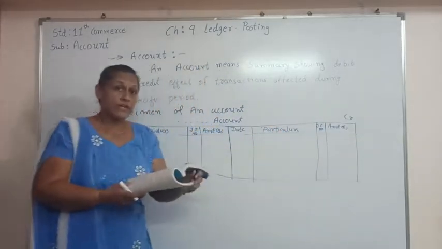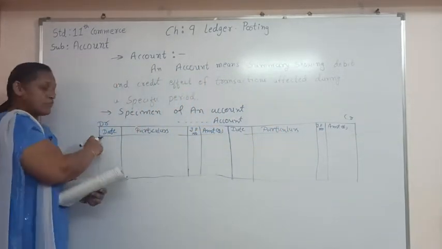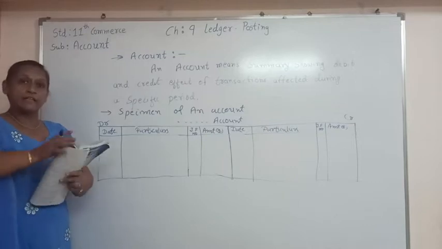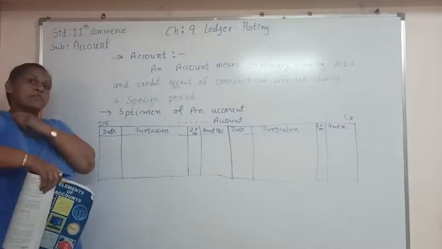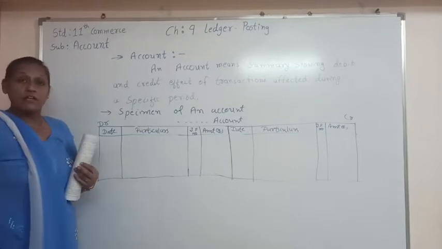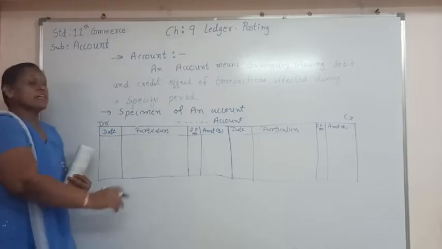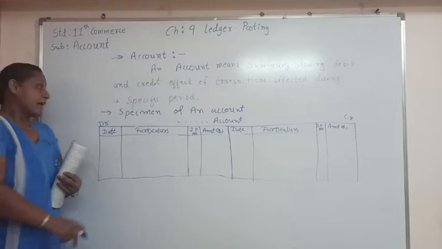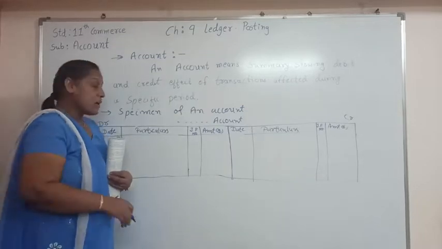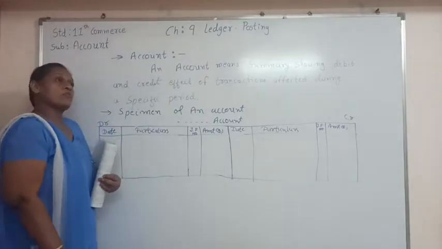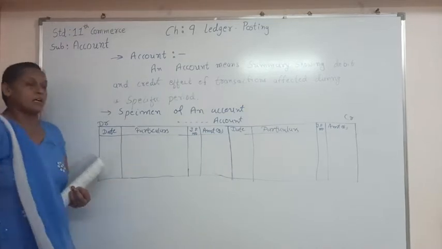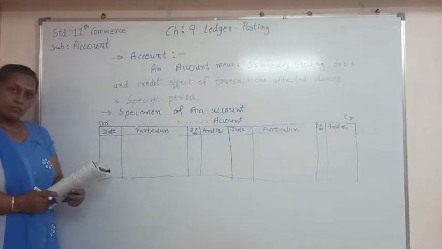Here the very first column is the date column where we are going to write down the date of the transaction that we already wrote in the journal or in the subsidiary book. The same date we are going to write here, and the name of the account which is going to be debited, that name of the account we are going to write down in the particular column.